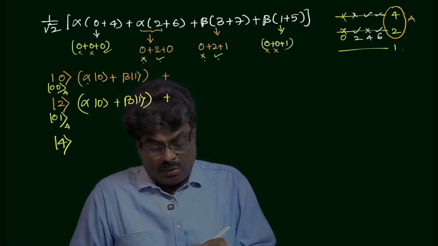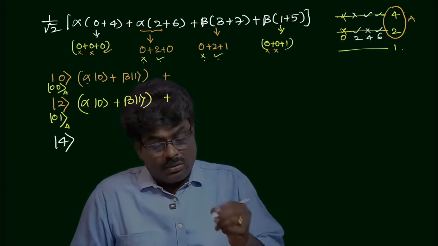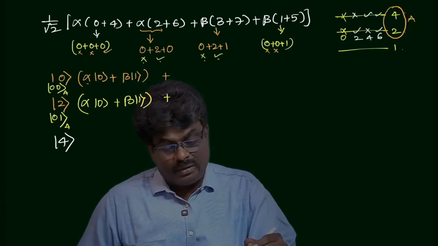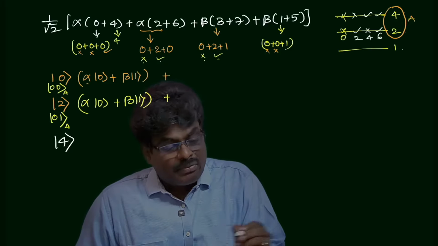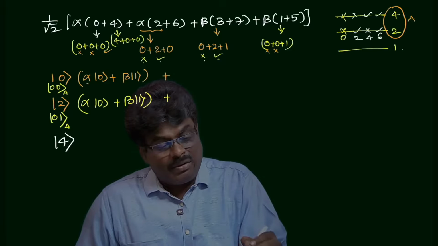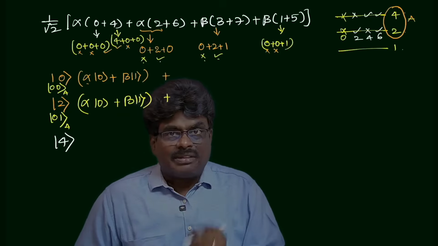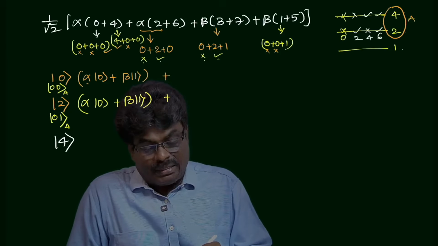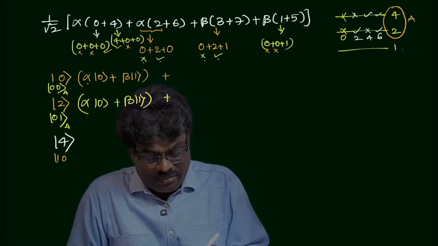So 4, if I separate, where is this 4? Now carefully check here. How will you get this 4? 4 plus 0 plus 0. Now tell me, this 4 is on, 0 is off. That means in our binary notation, that 4 0 is nothing but 1 0.